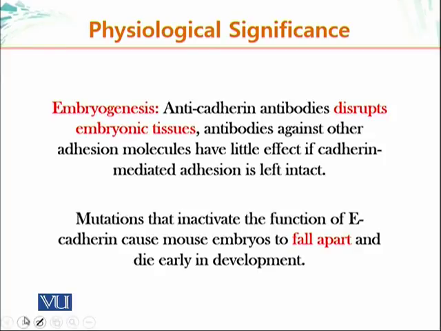If adhesion is not disrupted, there is usually no adverse effect on the embryonic tissue as far as certain developmental processes are concerned. Mutations that inactivate function of E-cadherin in mouse result in disruption of the embryos. They basically fall apart early in development, and of course they will fail to develop.